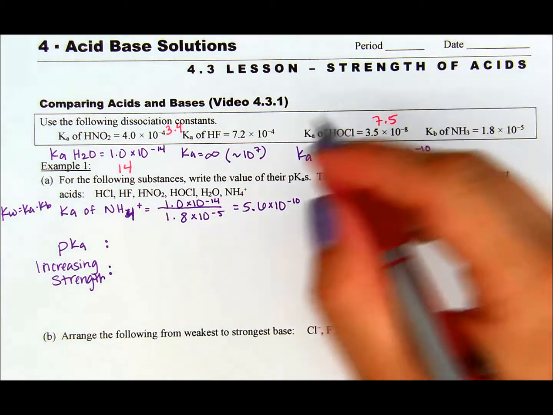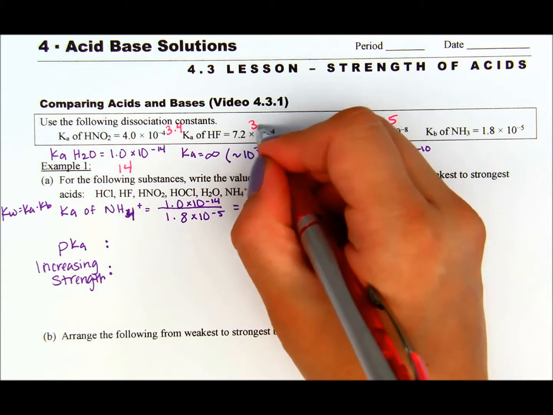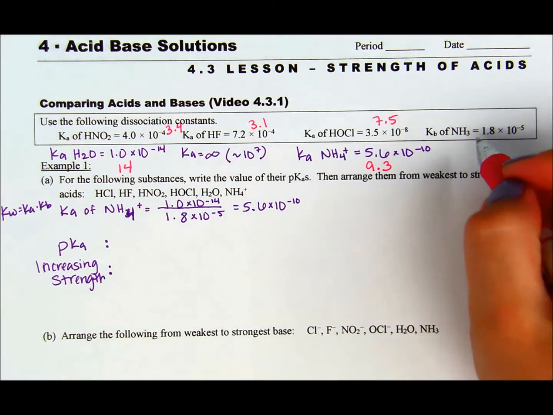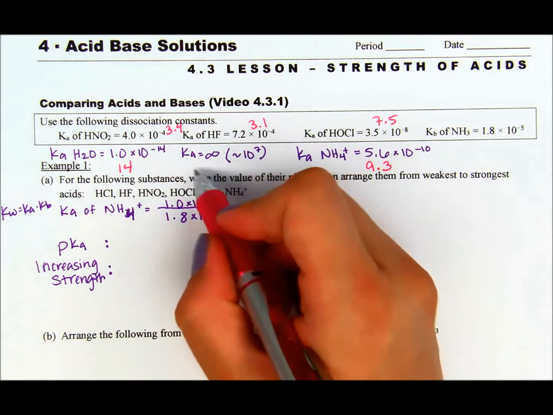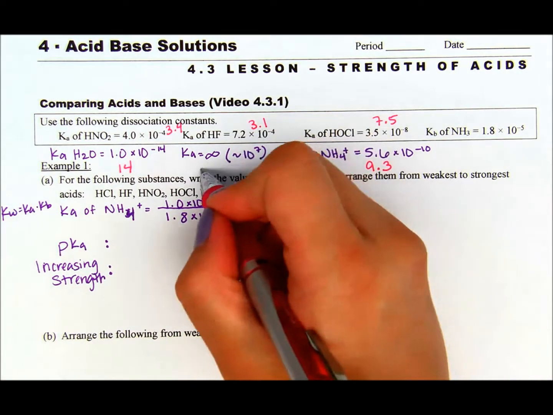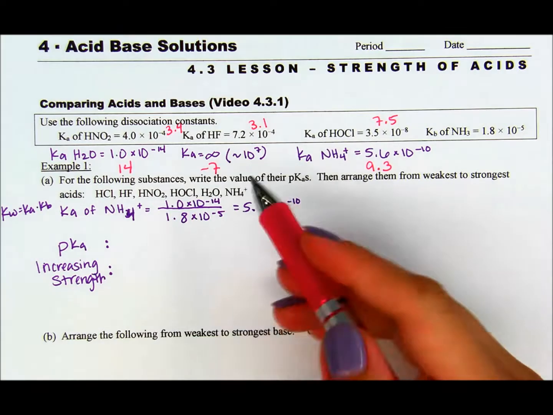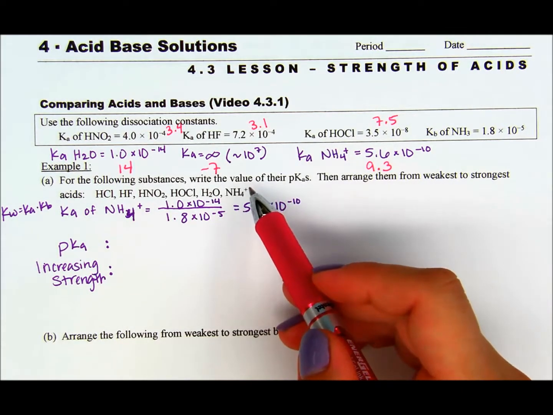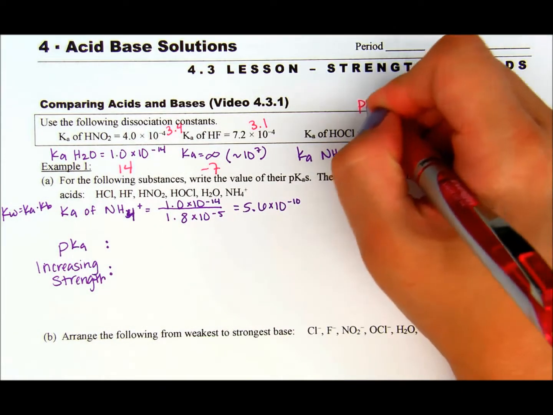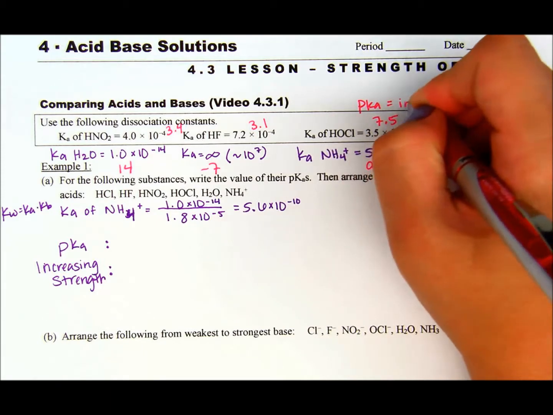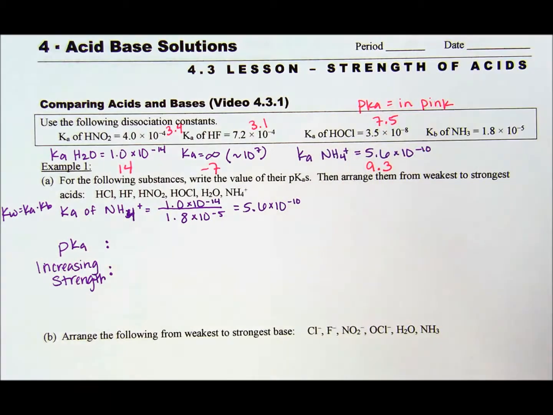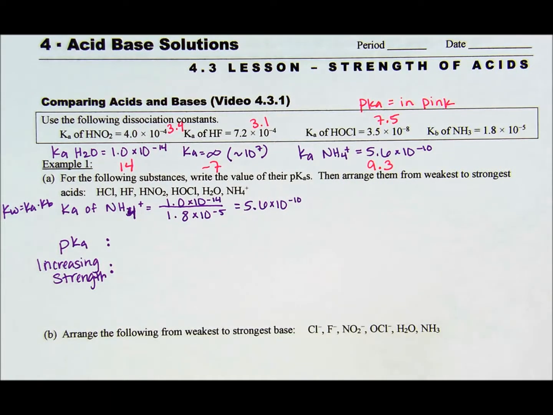HF, my pKa was 3.1. And we don't have to do a Ka for H3O plus here. This is about negative 7. I plugged in this, of course, because you cannot plug in infinity. So those are all my pKa's.